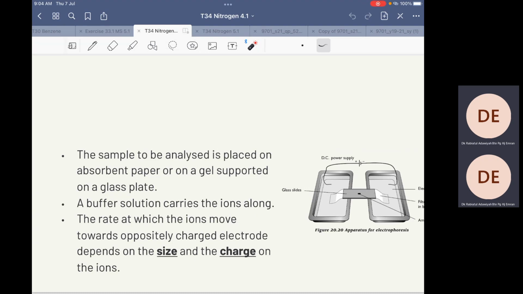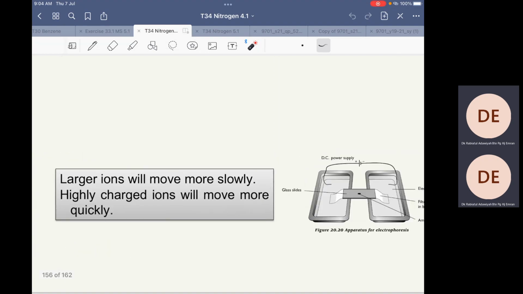Of course, amino acids that are positively charged will be attracted to the negative electrode or negative terminal, and the opposite is also true. The size will also affect the rate at which these amino acid ions move towards the electrode. Larger ions will move more slowly through the electroferrogram.